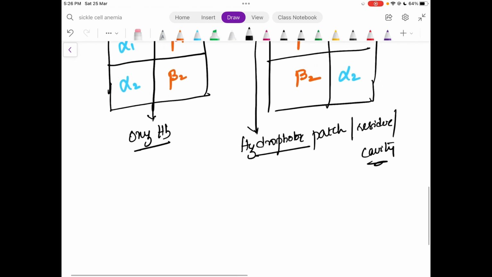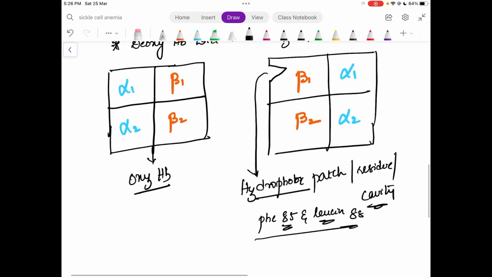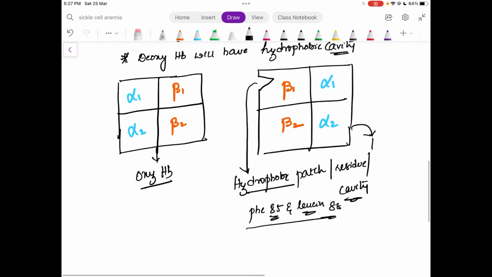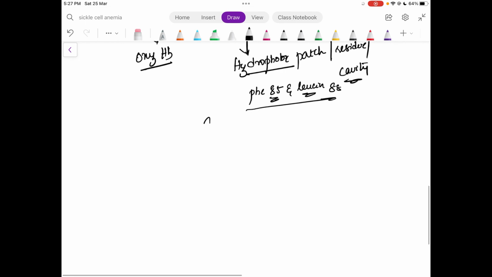This hydrophobic patch is between phenylalanine at 85th position and the leucine, which is at 88th position. The patch is seen in between these two amino acids. So this is a deoxyhemoglobin. What happens in sickle cell disease?